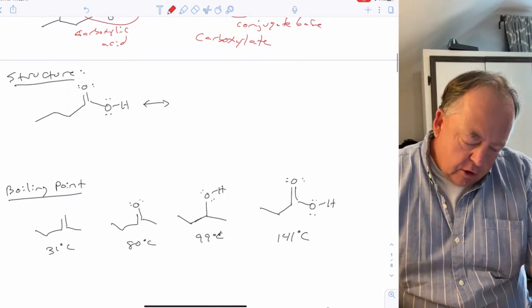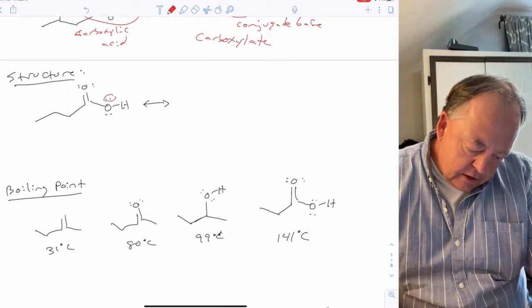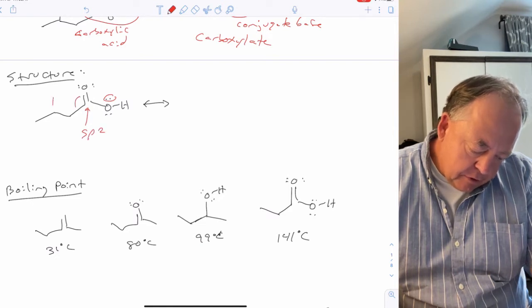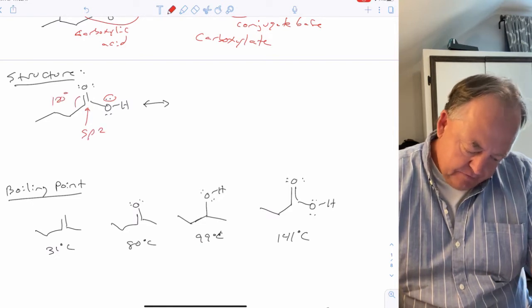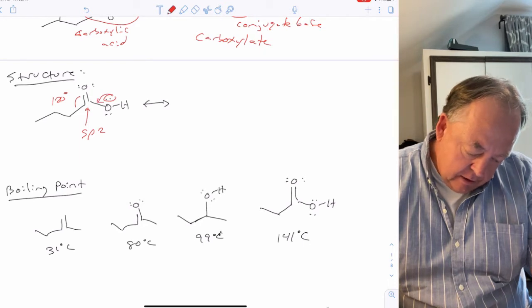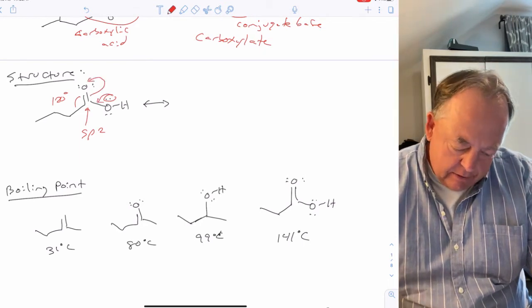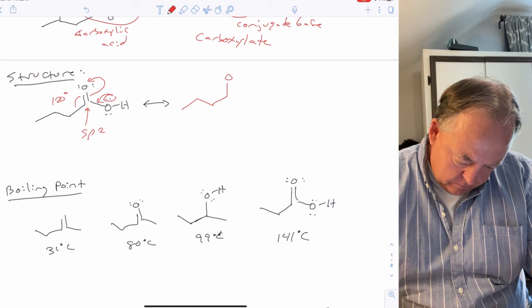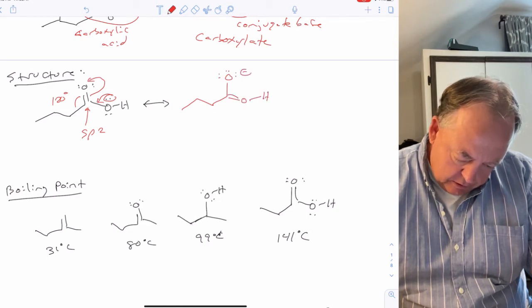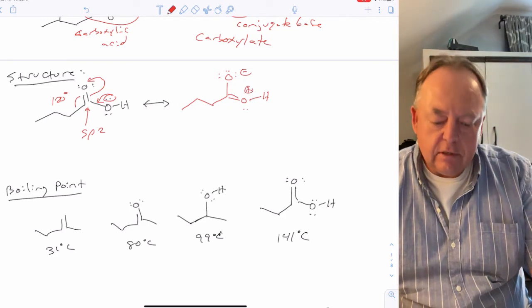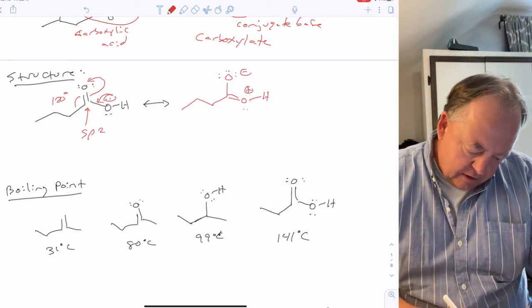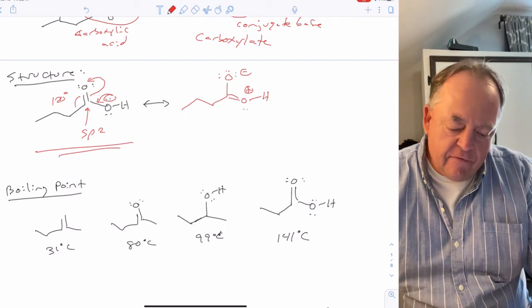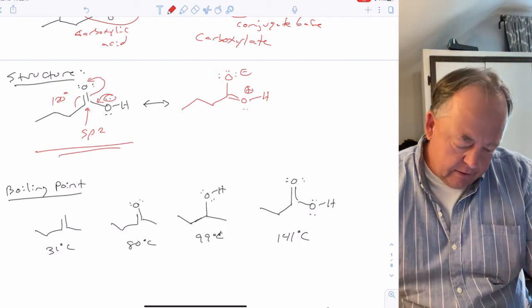Okay, so their basic structure: because of the C double bond O, that carbon's sp2 hybridized, right? So these bond angles are about 120 degrees. And it is resonance stabilized. So you do have that resonance form for carboxylic acids. Obviously, it looks more like the one on the left than the resonance form on the right.